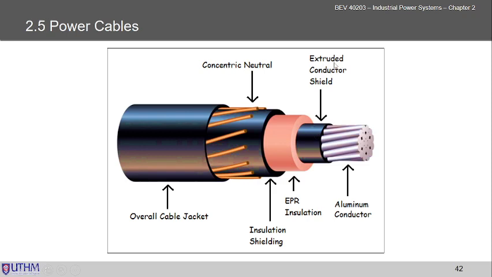This one is the extruded conductor shield. So we have a double shield. This shield is directly in contact with the conductor, and this one is after a piece of the insulation, another shield. And finally we have the conductor, either aluminum or copper.